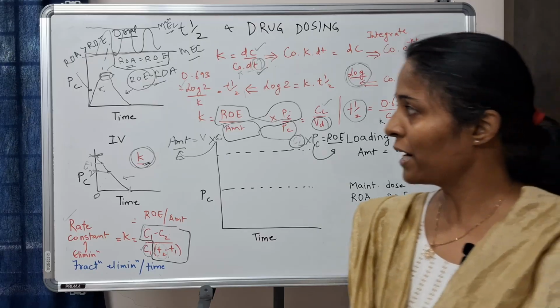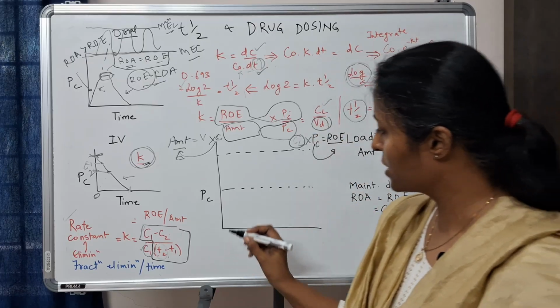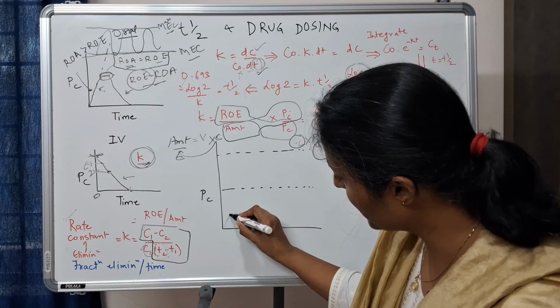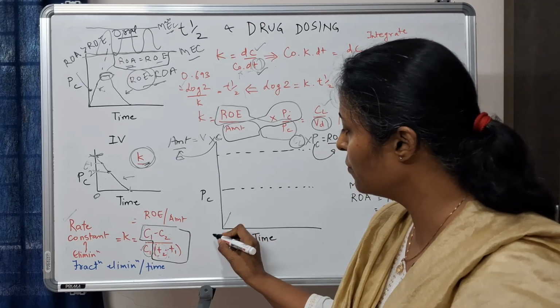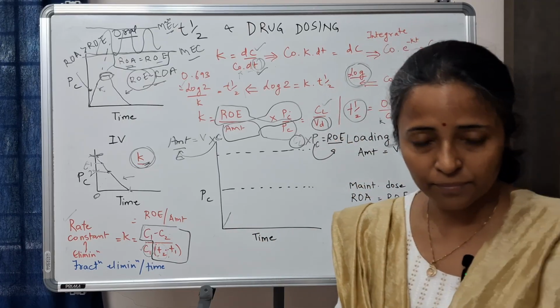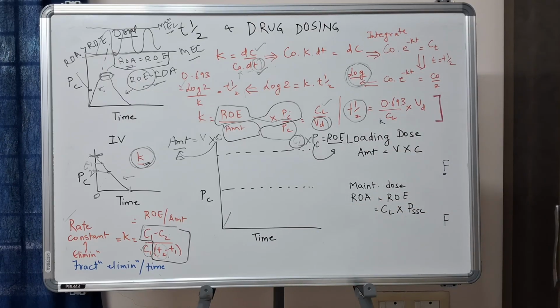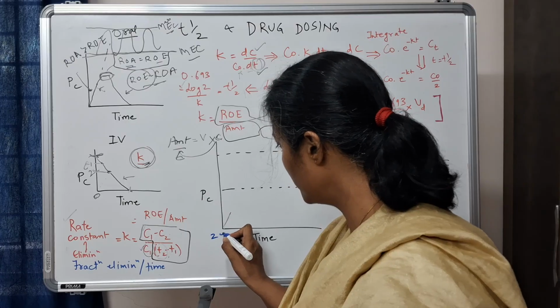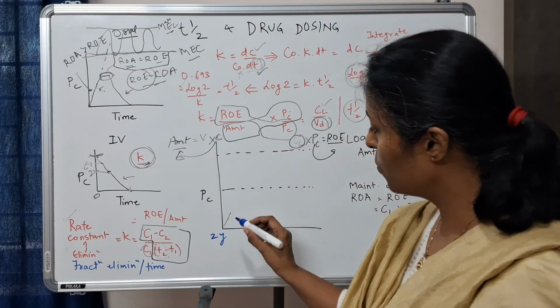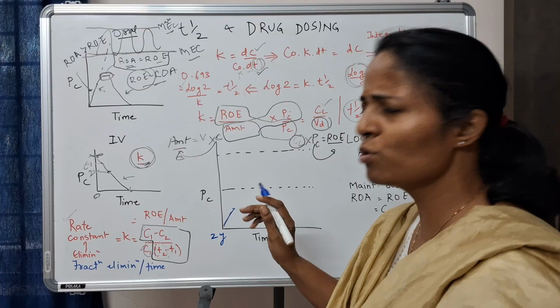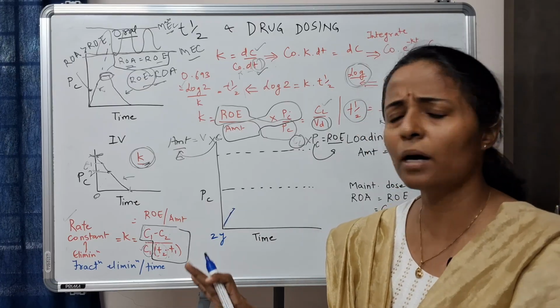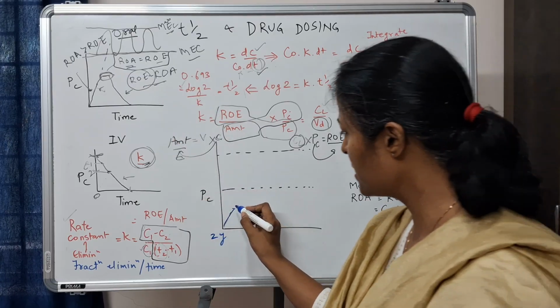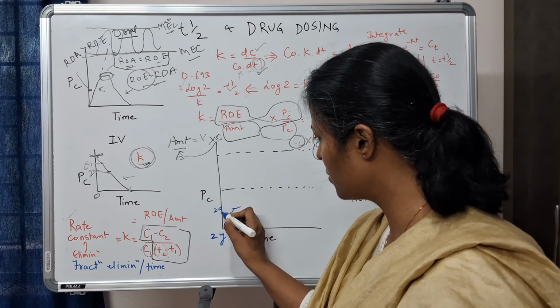How? See, as you give a drug, suppose I give 2 grams of the drug. For the sake of simplicity, I am not talking about concentration; suppose the amount of the drug within the body is 2 grams.